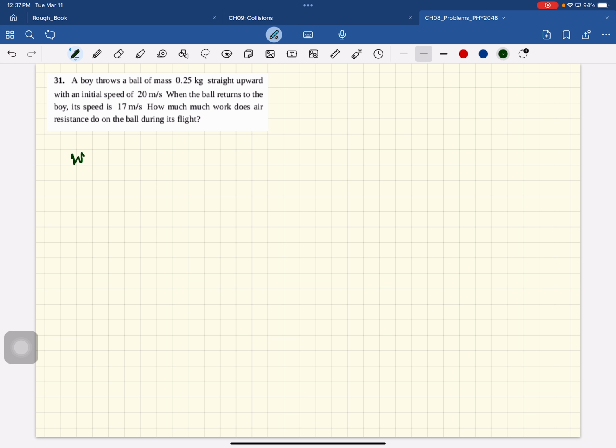Work done by conservative forces can be accounted for by potential energy. Work done by a non-conservative force cannot be written as a difference in potential energy. That's the difference. So work done by conservative forces is very easy to calculate.